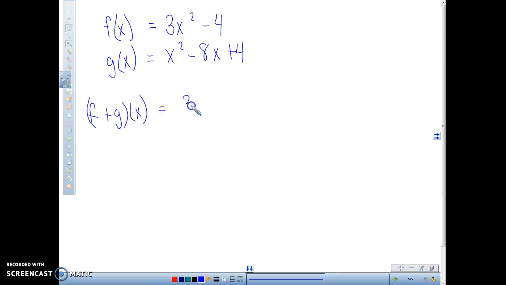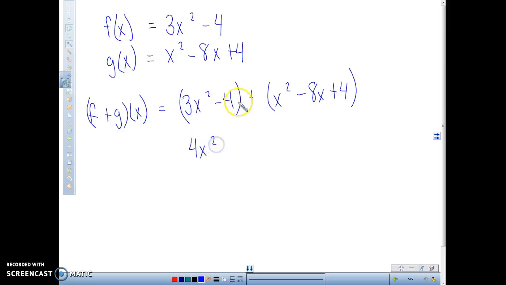And that equals 3x squared minus 4 plus x squared minus 8x plus 4. Combine your like terms, so 3 plus 1 would be 4x squared. We don't have any other x's, so we just have plus a negative 8x. And we have negative 4 plus positive 4, which would cancel, so this would be our answer.